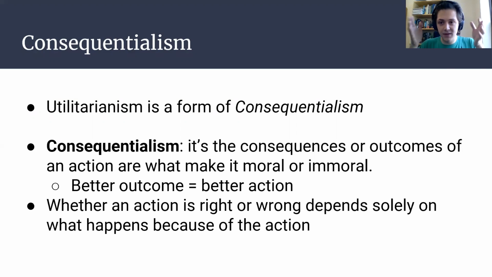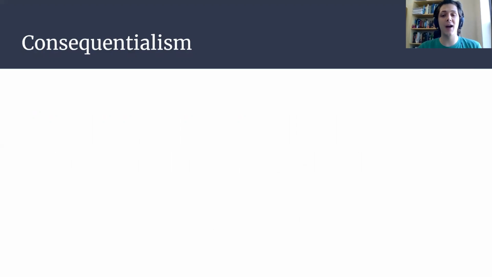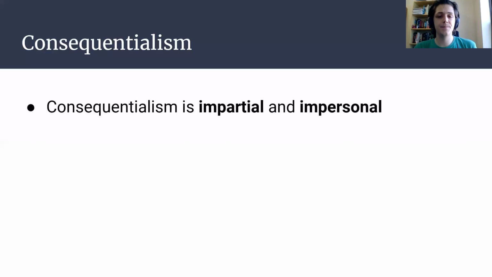It's just on a case-by-case basis, did your actions make the world a better place, or did your actions make the world a worse place? And so whether an action is right or wrong depends solely on what happens because of the action. It depends solely on what that action caused. Did it cause good things to happen, or did your action cause bad things to happen?